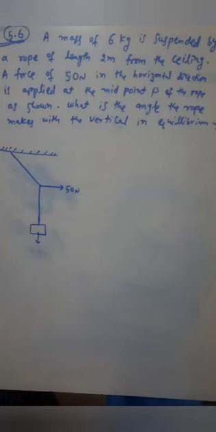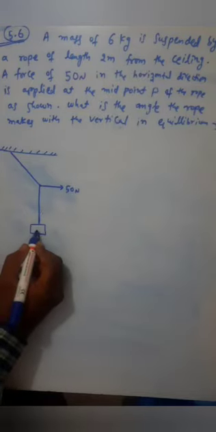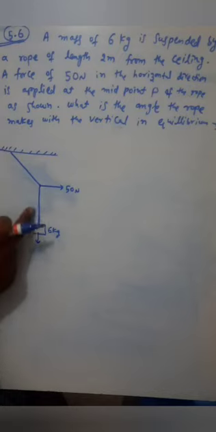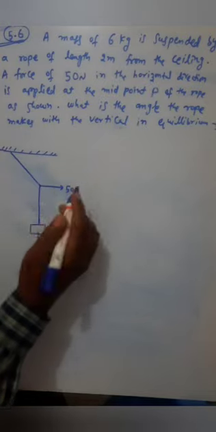See example problem 5.6. A mass of 6 kg is suspended by a rope of length 2 meters from the ceiling. The length of the rope is from here to here, 2 meters.